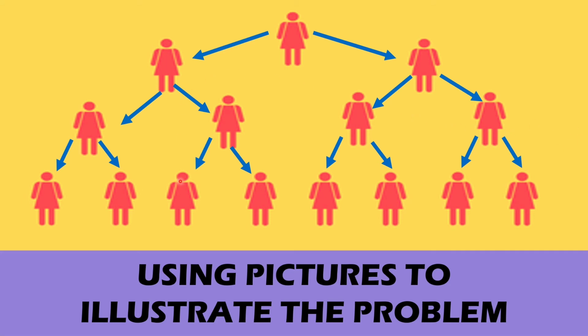And finally, each of those 4 persons also shared the videos to 2 of their friends. That's why in the last cycle, which is the 4th cycle, there are 8 persons to whom the videos were shared.